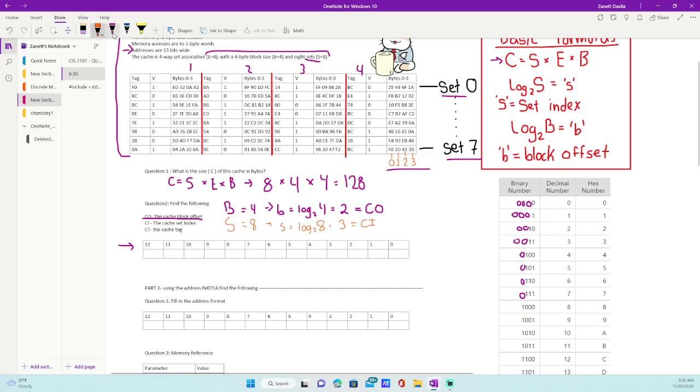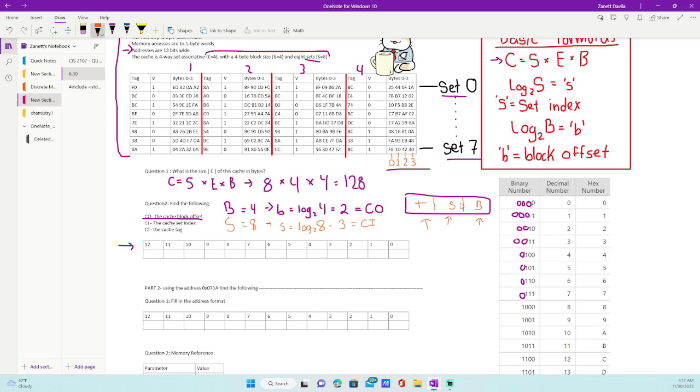Now, your next question is probably, where the heck do I put everything? Well, here's a quick and easy way to understand where to put it. I would highly recommend memorizing this. It's just this order. I start with S, B, T. So right here, it is the set index, block offset, and cache tag.